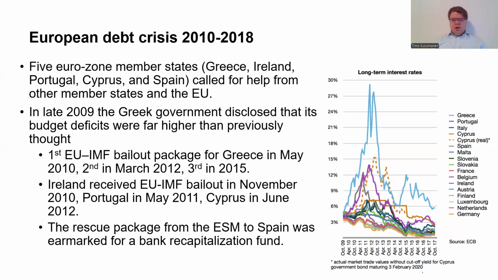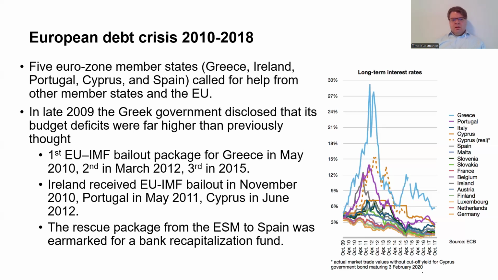And then there are also countries like Portugal. Italy also had very high interest rates, so there were worries that these problems would spread to Italy, although Italy didn't really end up asking for help. But of course Italy would be the largest of these Eurozone countries that had this kind of debt problems.